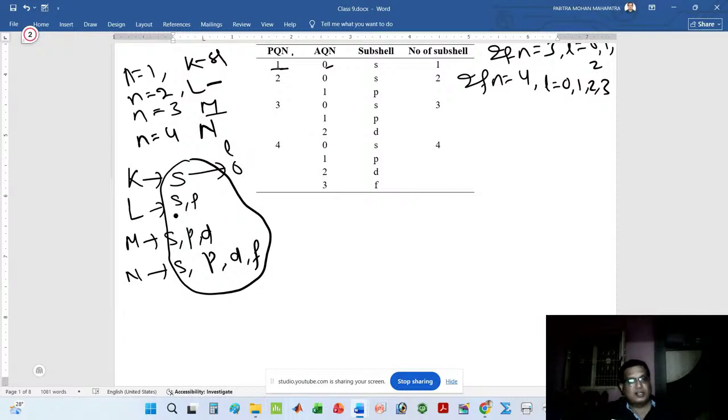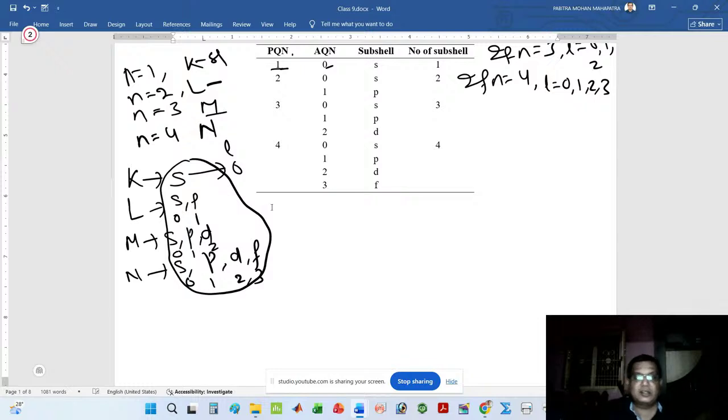So here I can write 0. For P, we can write 1. Similarly, here I can write 0, 1. For D, we can write 2. So here I can write 0, 1, 2, 3.